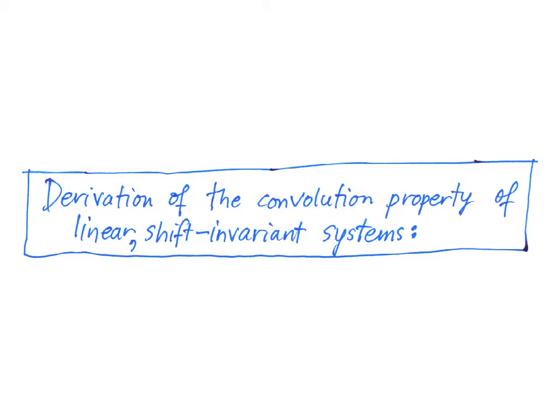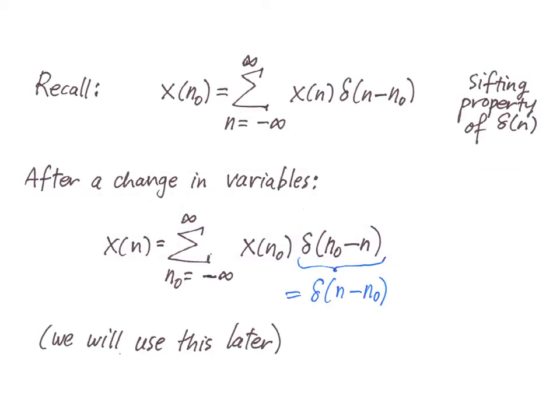So now let's derive that a linear shift-invariant discrete time system has convolution property, just as the continuous time systems do. We have to bring up the sifting property of the Kronecker delta function.